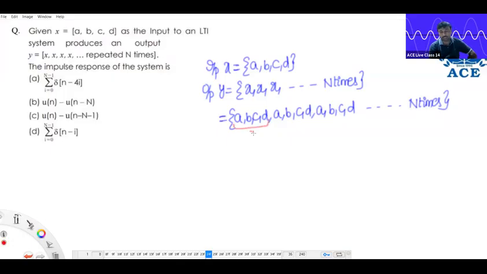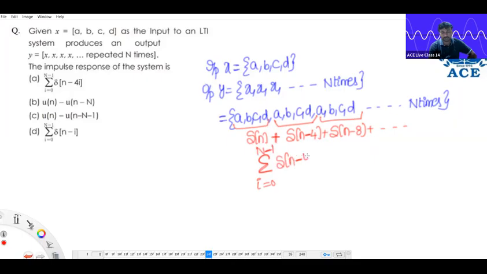The first set is due to del n. Next time also due to del n, but causing a 4 sample shift. Next time it is causing an 8 sample shift. Like that, our answer is repeated N number of times, which leads to the first option.